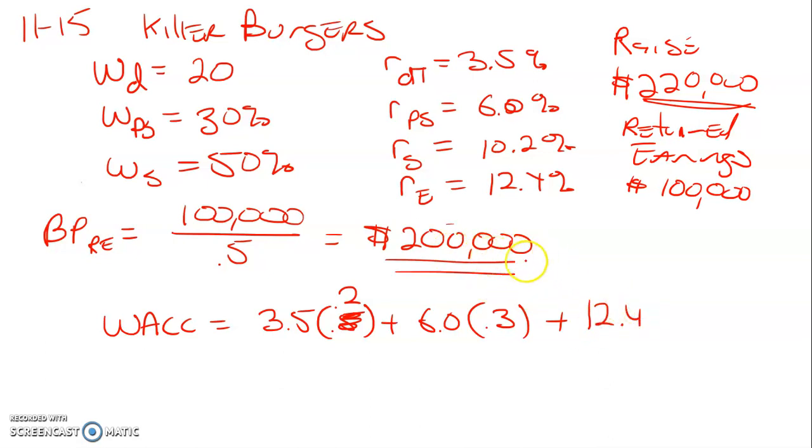We've exceeded the break point, so 12.4 multiplied by 0.5. We multiply those and add them up, and we get 8.70%.